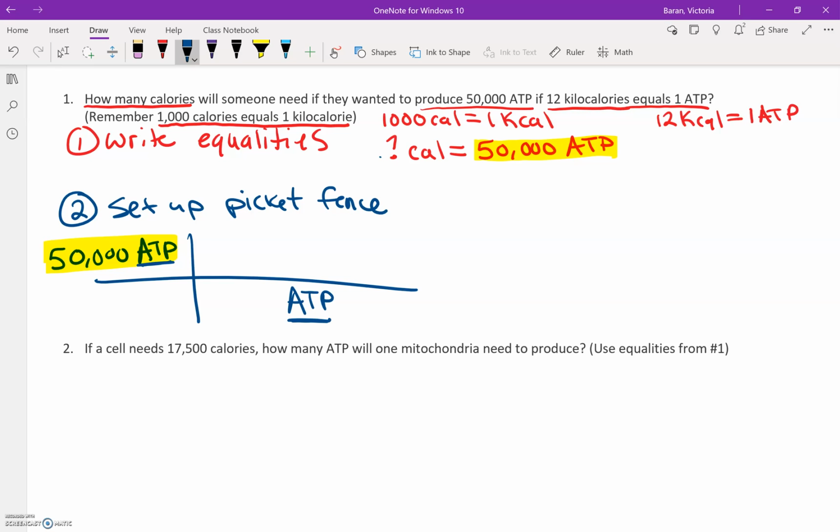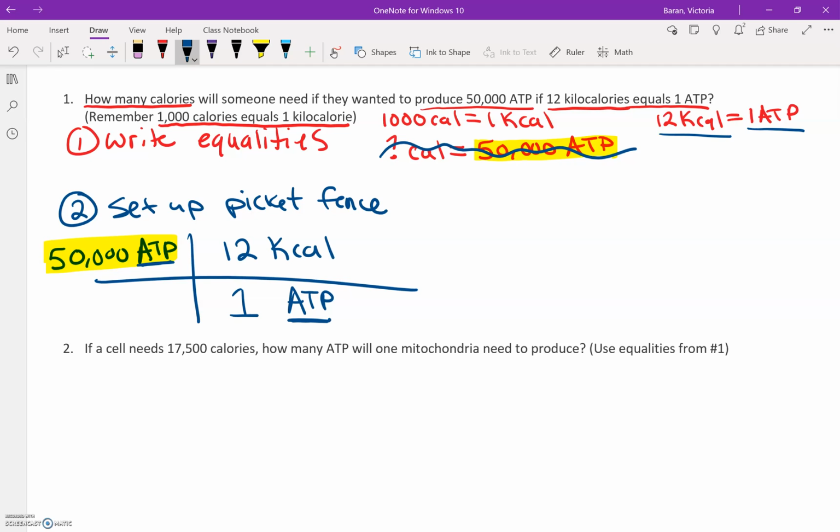So I already used this one, so I'm just going to go ahead and cross that off. And I'm going to look at my other equalities. I have 2 left. And I notice over here, I have 1 ATP. So I'm going to put 1 ATP in the bottom. And whatever that is equal to, which is 12 kcal, has to go above it because they are equal.